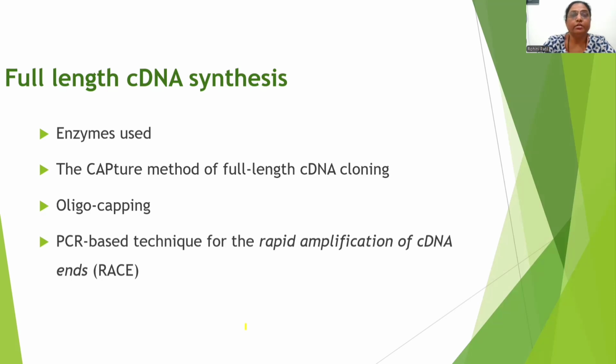Second, your reverse transcriptase is not going to reach up to the 5' end, and that's why there is no full length cDNA synthesis. Third, when you are isolating the mRNA, the mRNA which is isolated is not a full length mRNA. So to overcome all these problems, there are methods used here.